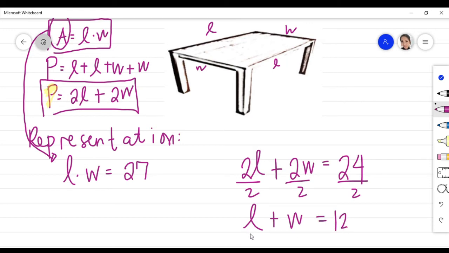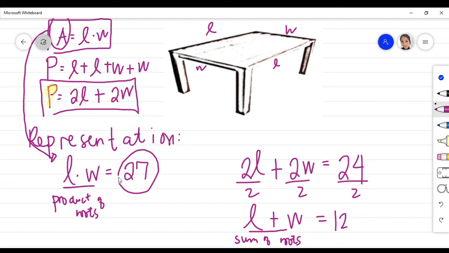So notice L plus W is actually the sum of our roots, while L times W is actually the product of the roots, where it's equivalent to 27 and the sum of the roots is equivalent to 12.